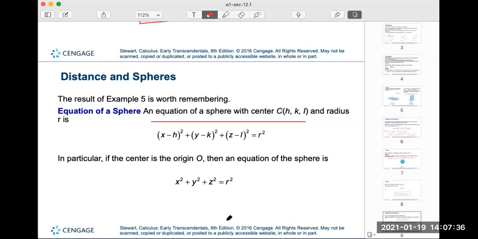Then we have a very special case: x squared plus y squared plus z squared is equal to r squared. Okay, this is all about section 12.1. So this week, do you have any question about this? We can do some more examples.